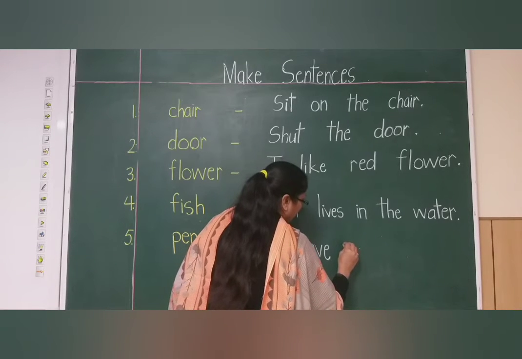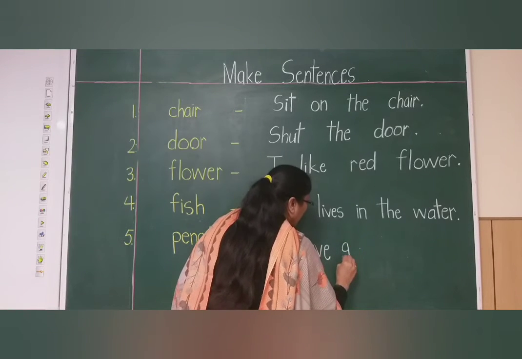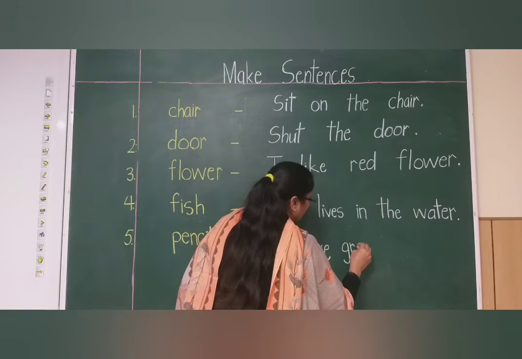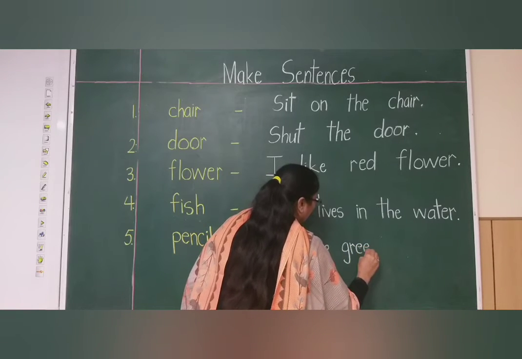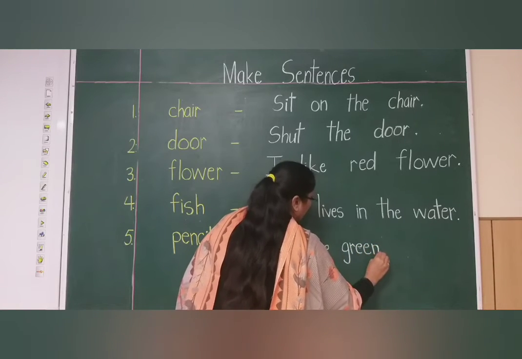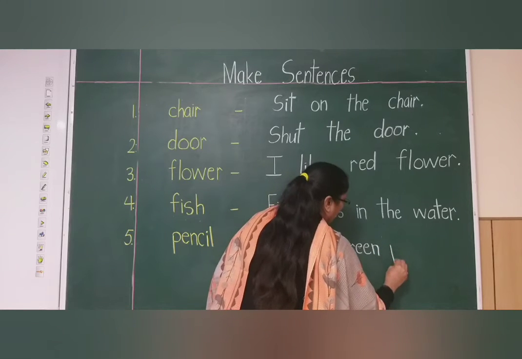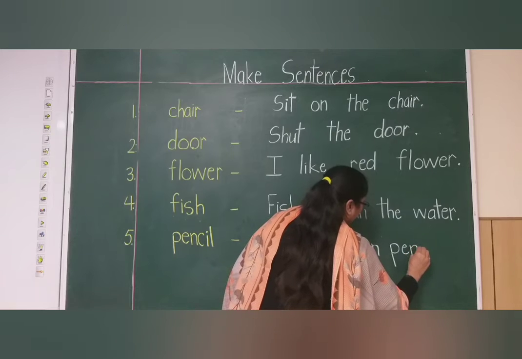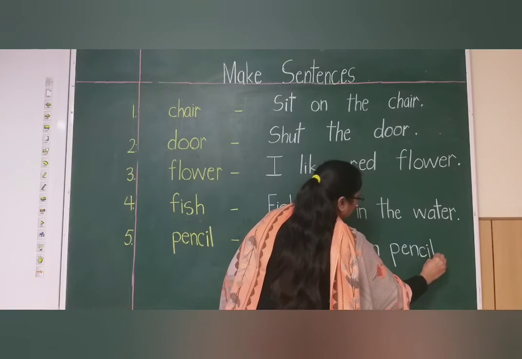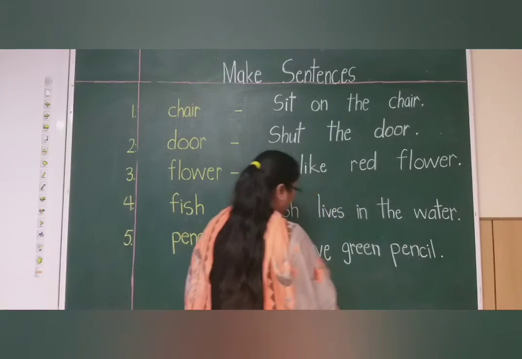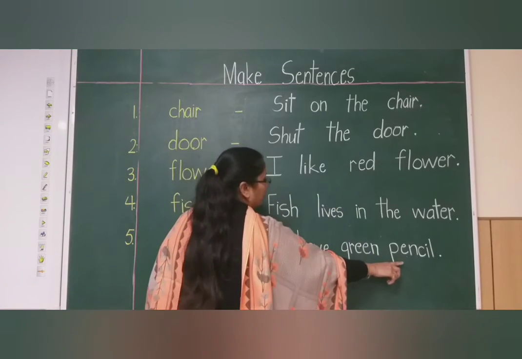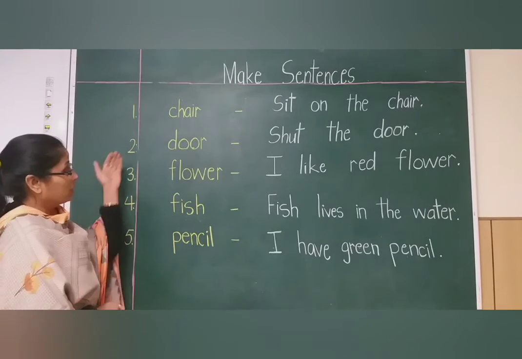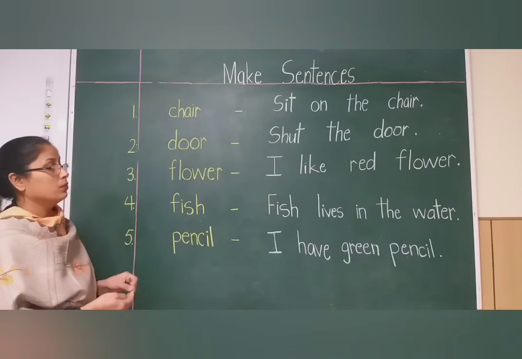I have green. G-R-E-E-N, green pencil. I have green pencil, and put a full stop at the end. So today we learned some new words and new sentences with the given words.